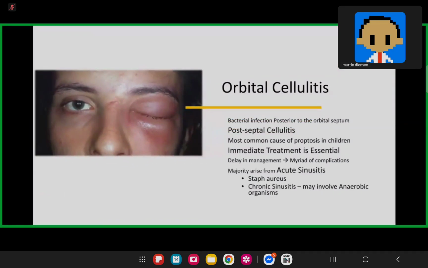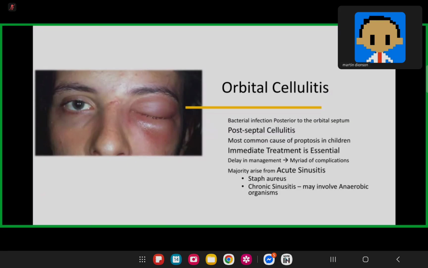Okay, so this picture shows orbital cellulitis. This has been discussed as one of the ophthalmic emergencies. This is often due to bacterial infection involving the structures or area posterior to your orbital septum. Orbital cellulitis is also known as post-septal cellulitis.